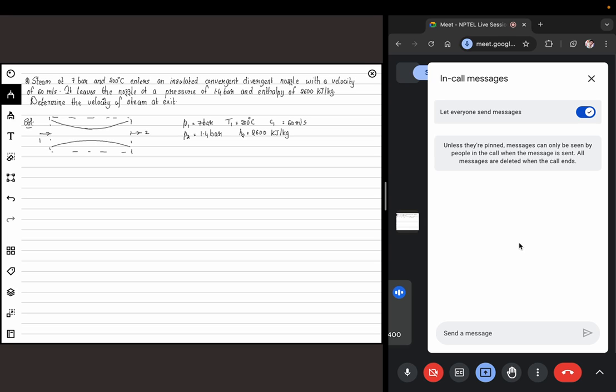For a nozzle, you assume that it is insulated, it is given here as insulated, so your Q will be 0. You don't extract any work from the nozzle, so W is also 0. So you have H1 plus C1 squared by 2 equals H2 plus C2 squared by 2. You are asked to find C2.